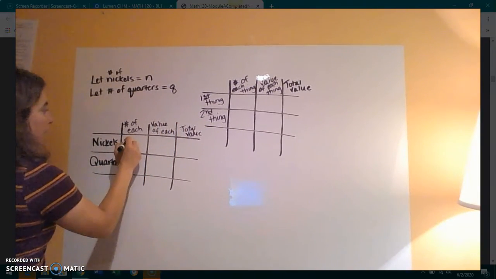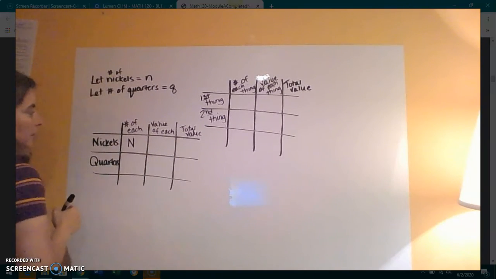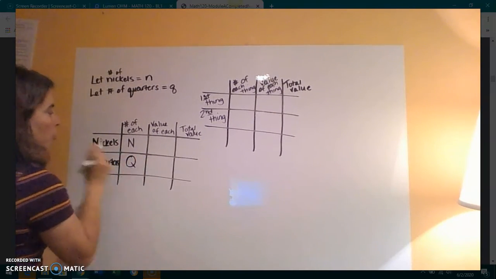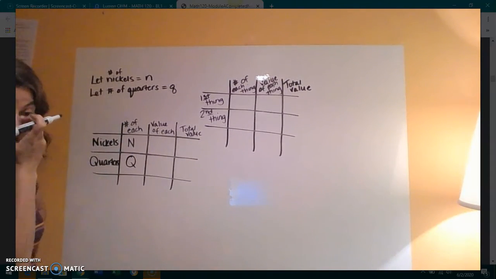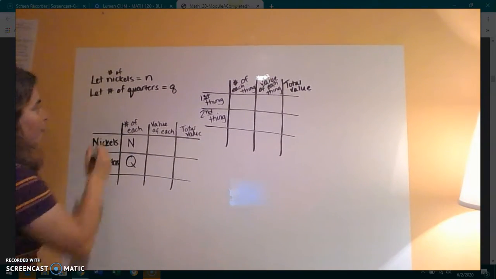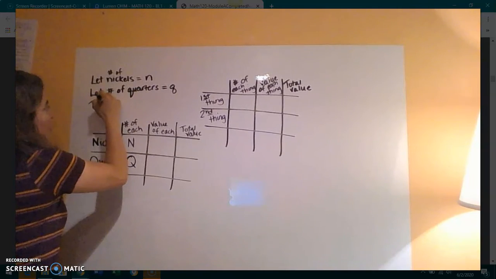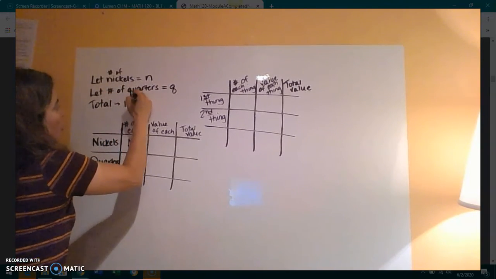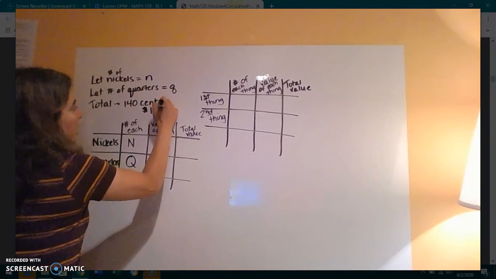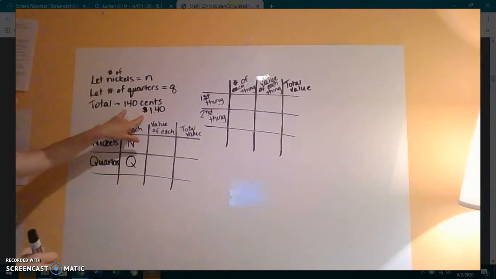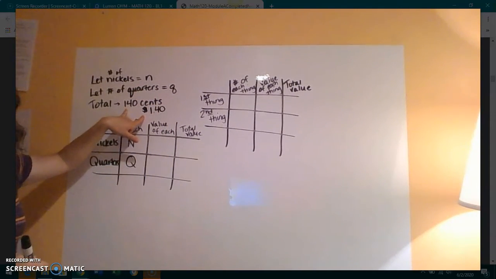So I'm saying that the number of nickels is n, and the number of quarters is q. Well, what's the value of each nickel? It's 5 cents. There are a couple different ways we could write this. From the problem, we were told that the total was 140 cents, which is another way to write $1.40. It doesn't matter which way you write this in your problem.